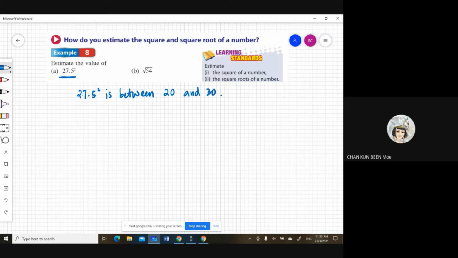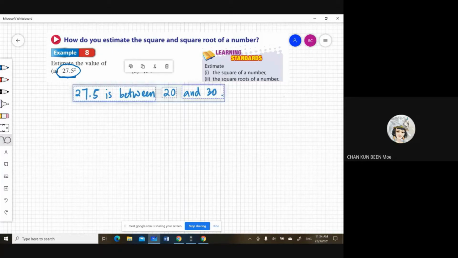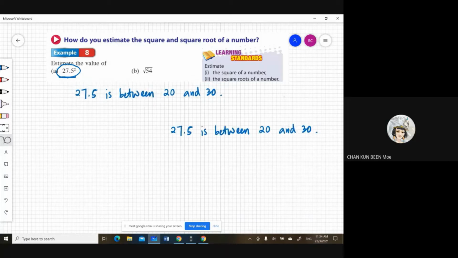So over here we are going to determine. Before that is 27.5, this number is in between 20 and 30. But if you want to determine 27.5 squared, you have to add a squared later on. So I'm going to choose the whole thing here, copy, paste one more time.